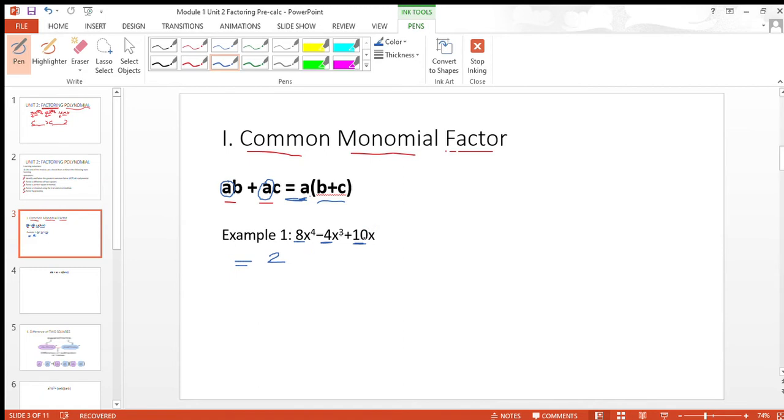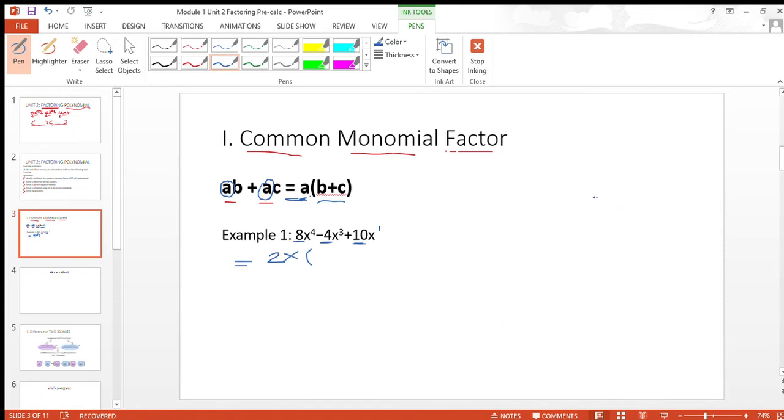So in this case, we factor out x raised to 1. Thus, the common monomial factor is 2x. And then, what will be the terms inside the parentheses? We now divide each term of the polynomial by whatever term that we have factored out.